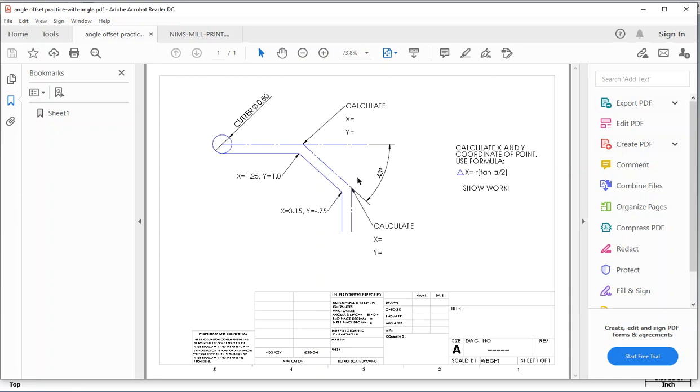So these two angles have to also add up to 90 to get us to 180. So 90 minus 43 is going to be 47.